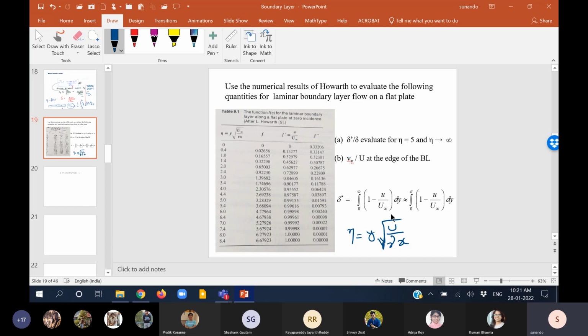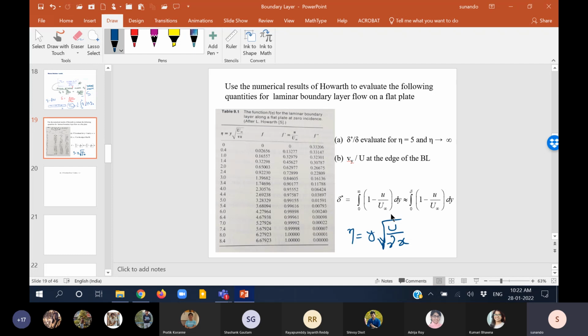Whenever you have questions or if you have completed this, please let me know. You realize that in order to use the table, you need to change this y into eta, which is straightforward.